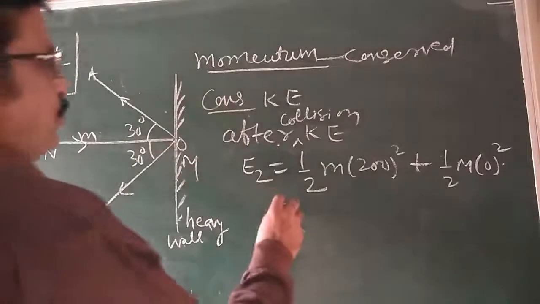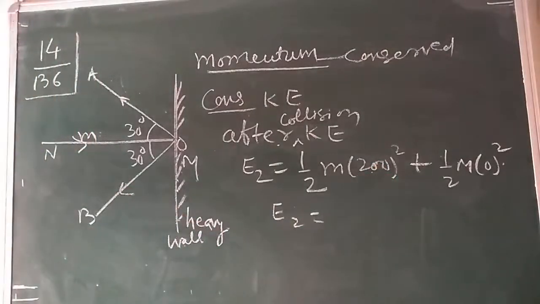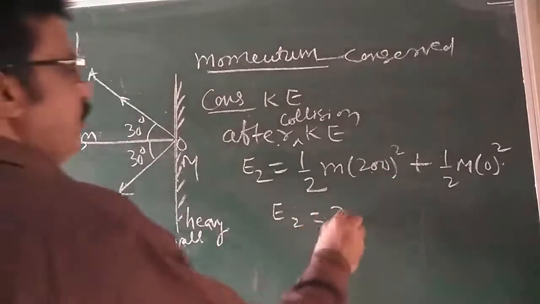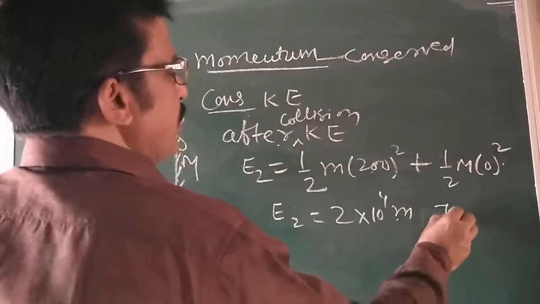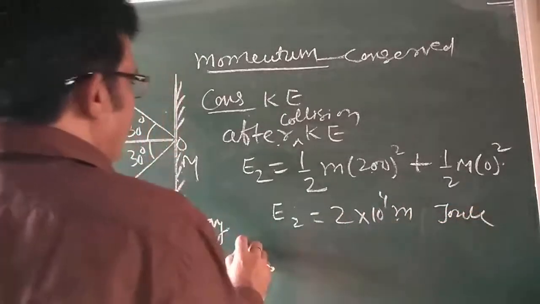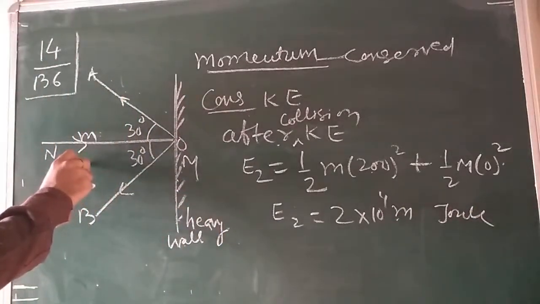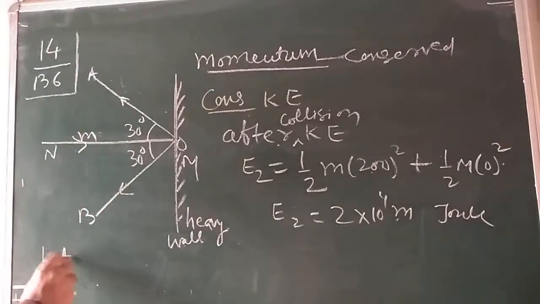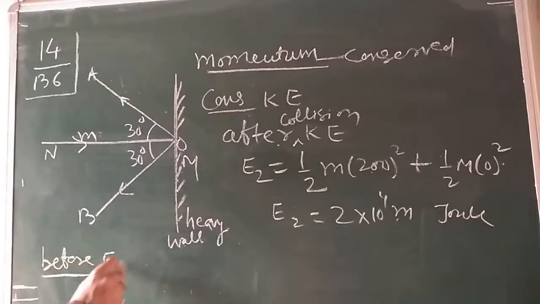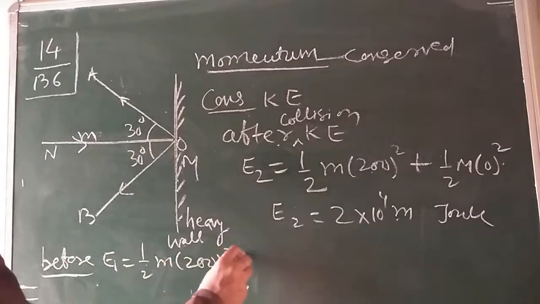So this comes out to be 200 का square, that is 2 into 10 raised to power 4, mass की वैल्यू m joule here. Similarly, the kinetic energy of the molecule before collision, say the kinetic energy E1, that is only 1 by 2 m into 200 square here.